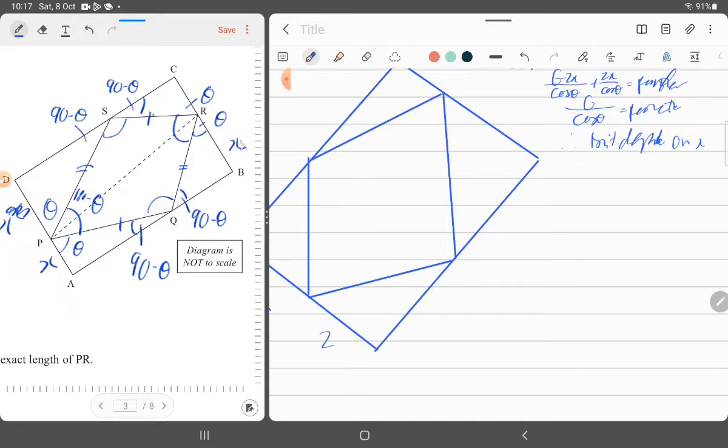Yeah, I think this is also x, and this is 3 minus x. So 2, 1, 2, 1.